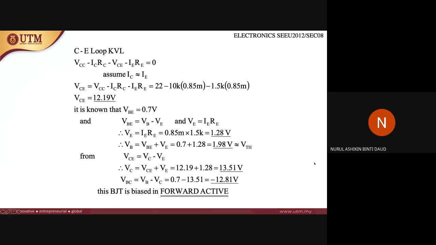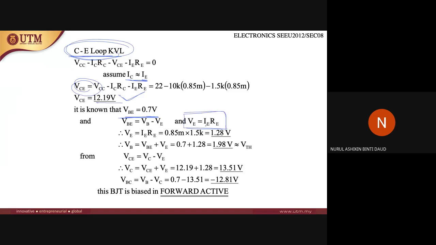Next, once you get all those values, same as the emitter-stabilized bias circuit, you can always find the CE loop. When you know the values of IC and IE, you can find VCE. So the value of VCE is here. And since you know VBE, you can always find the value of VE.